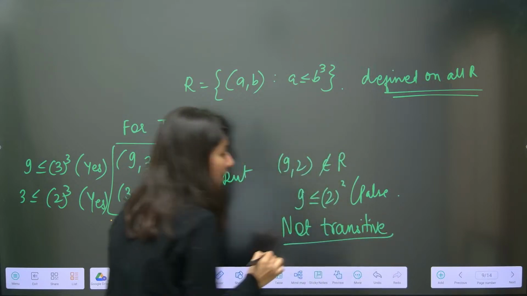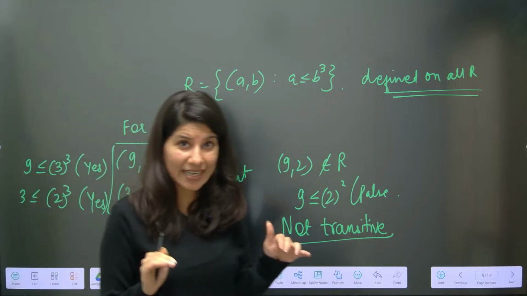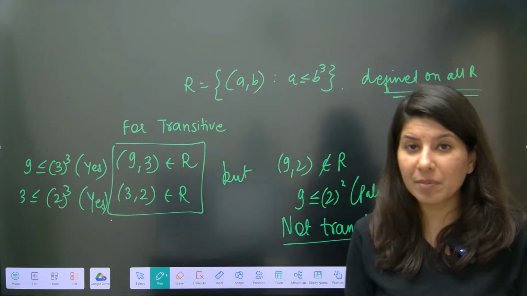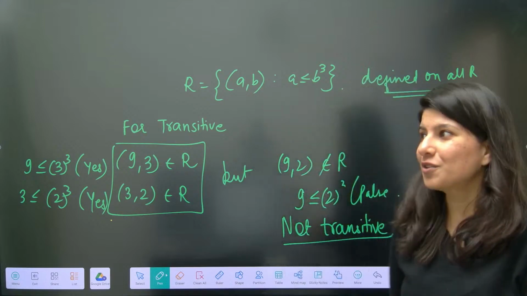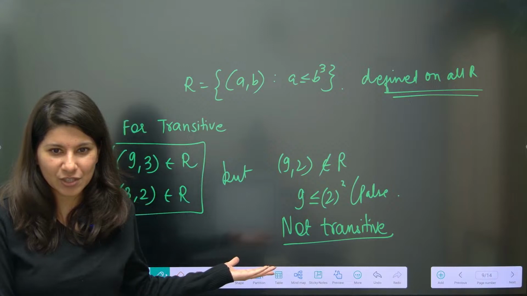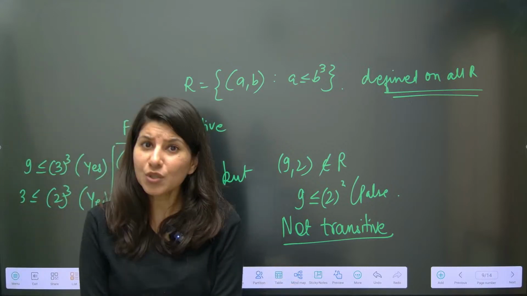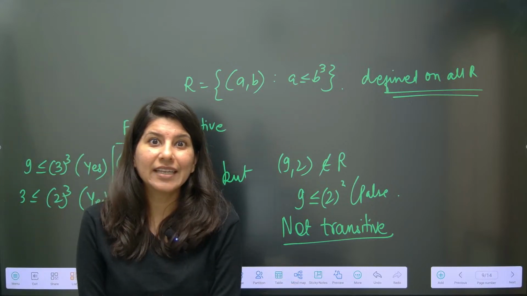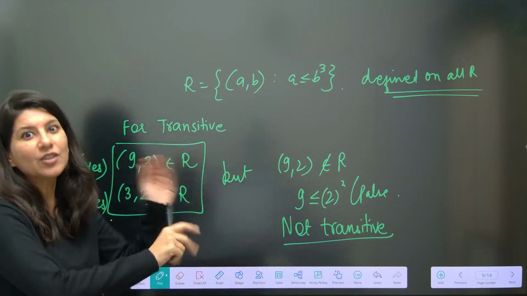So next time, whenever, also in KCET, and some of you might be preparing for JEE Main also, if you're preparing for COMEDK, KCET or even boards, this is a board question, okay. You should remember that, think about how to prove it non-transitive.